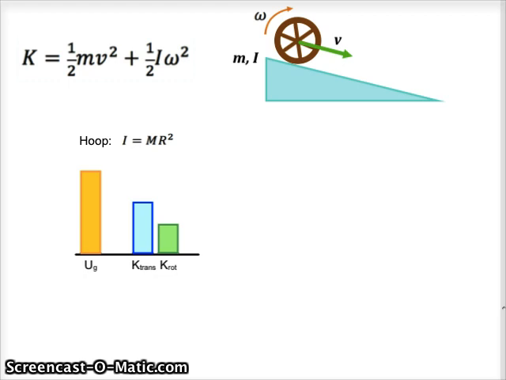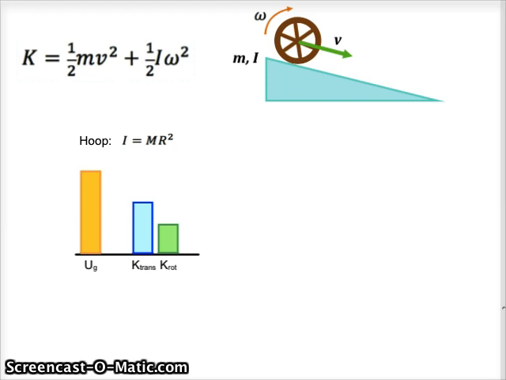So here we have a bar graph representing the potential energy and the kinetic energy at the bottom of the incline. So the potential energy at the top of the incline is the yellow bar, and then at the bottom of the incline, the blue and the green bars would have to add up to the total size of the yellow. And so, this makes sense.